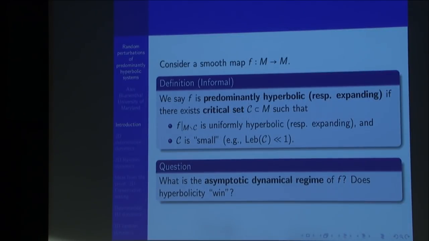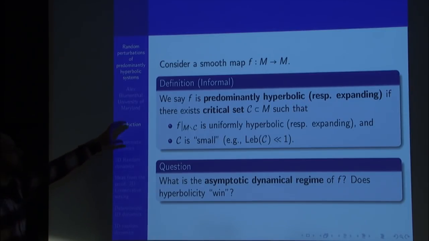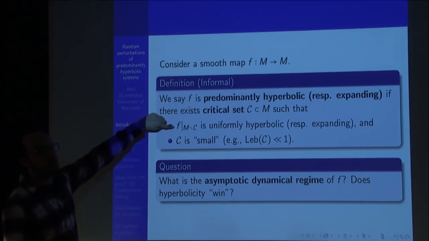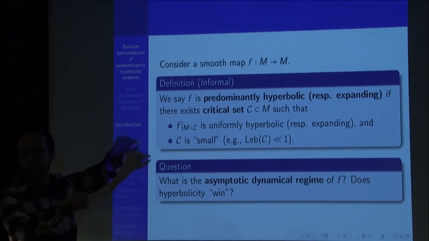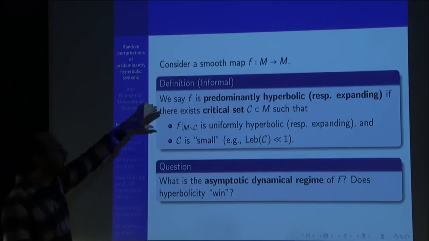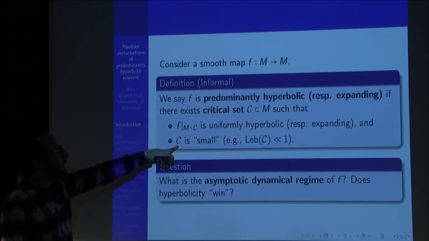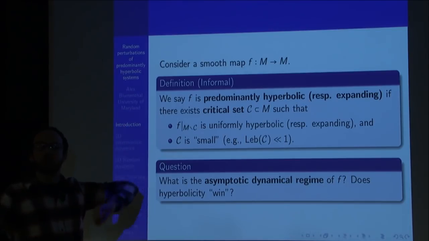I'm going to talk about what happens when the expansion and contraction in the dynamics is not uniformly realized in phase space, okay? And so the kind of maps that I'm interested in are those which are hyperbolic on the manifold, right? The infinitesimal stretching and contracting in phase space. They're hyperbolic on that manifold, except for the dynamics on a small set, whatever the heck that means.